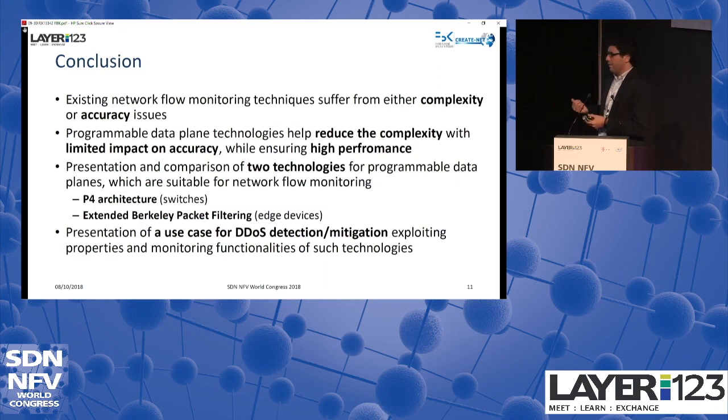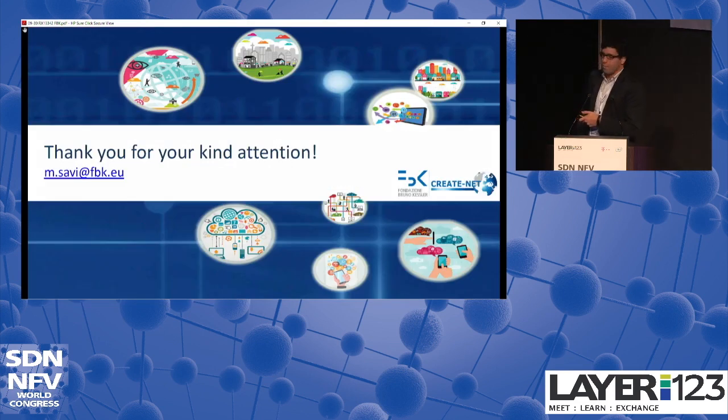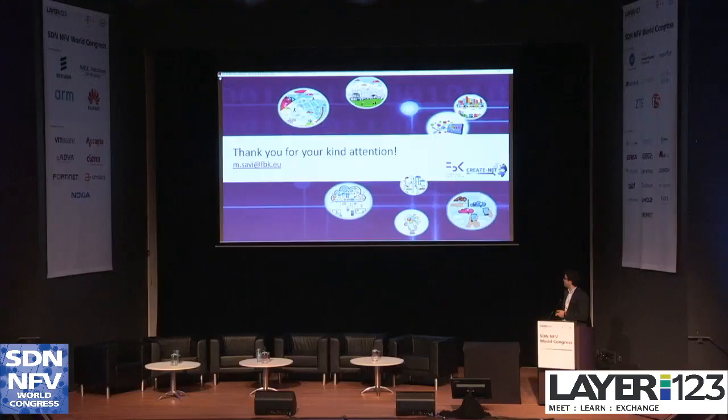Of course, if a service provider, an edge provider or whatever, cannot rely on this kind of service, it has to implement this DDoS detection and mitigation logic at the edge, and in this case, eBPF is the most suitable solution. So this concludes my presentation.